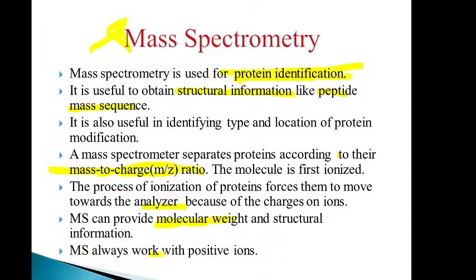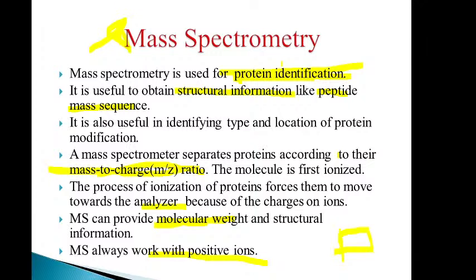So it always works with positive ions. As we already discussed, we have the analyzer, and you can see the software is there which will attract positive ions towards itself. So that is why mass spectrometry is based on the mass to charge ratio, number one.